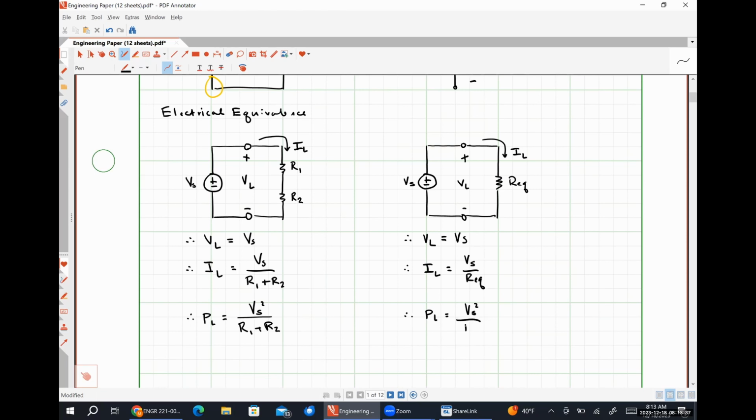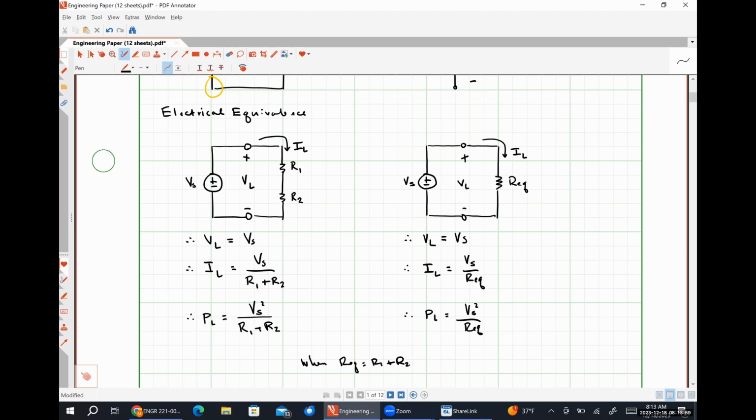VS squared over REQ. Under what conditions are these two circuits electrically equivalent to each other? When REQ is equal to R1 plus R2, which is simply the series combination of those resistors.